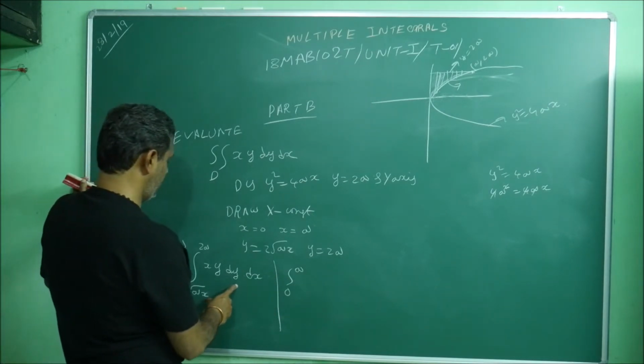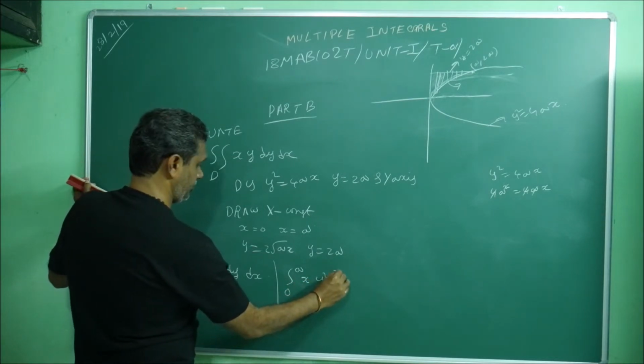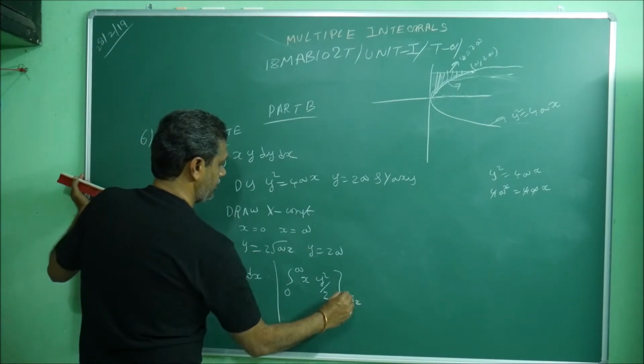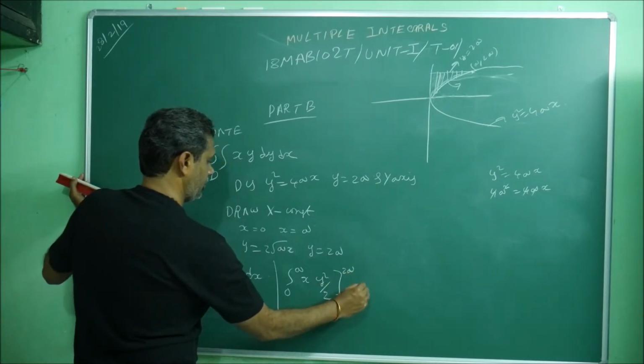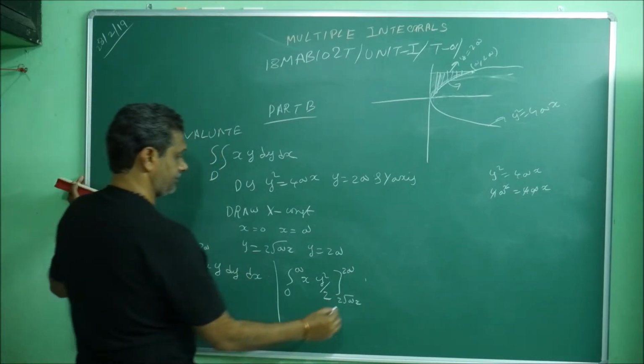This with respect to y I am doing means what? X is constant, y square by 2. This is 2 root ax to 2a, dx.